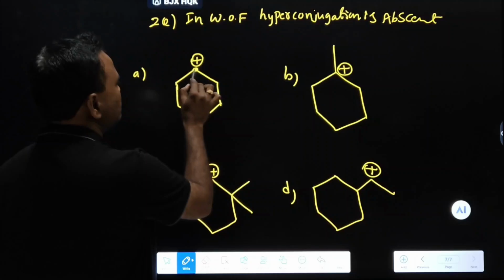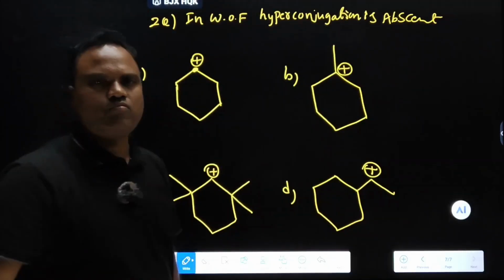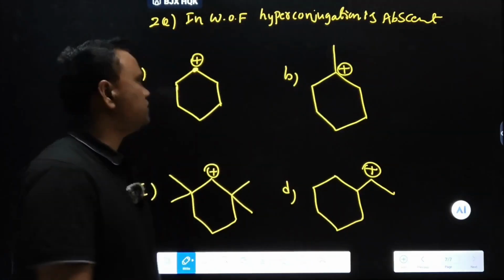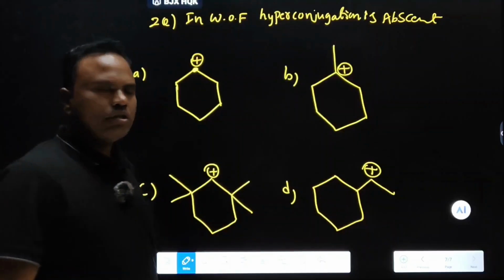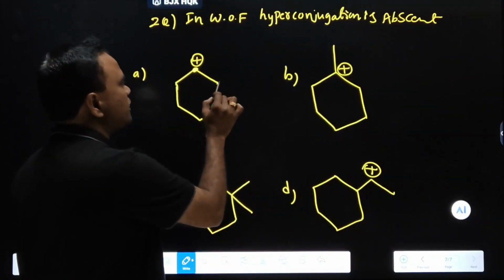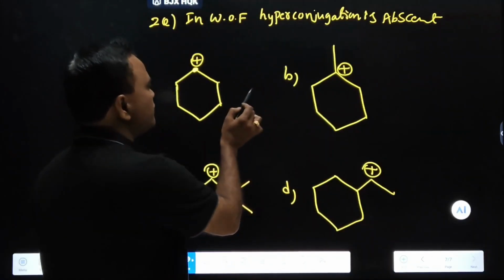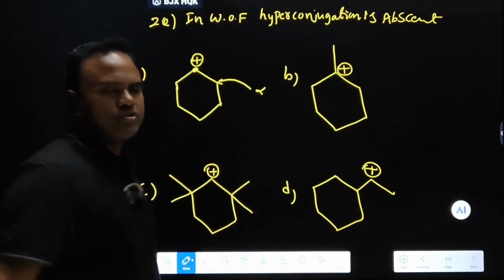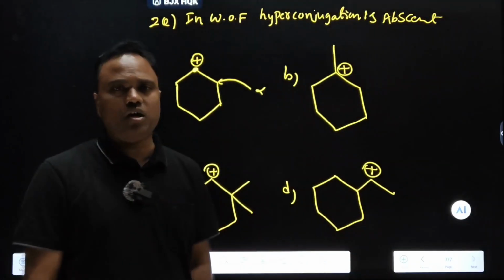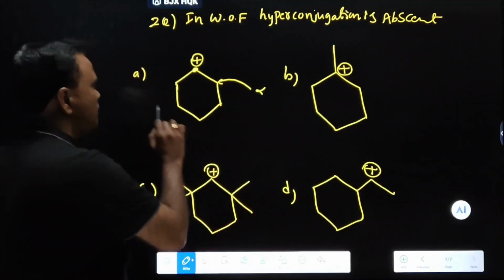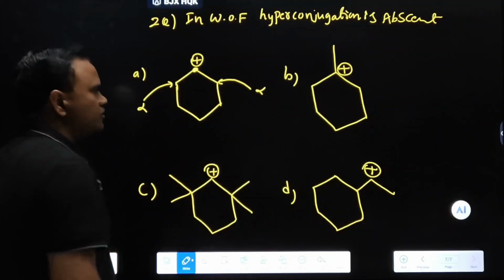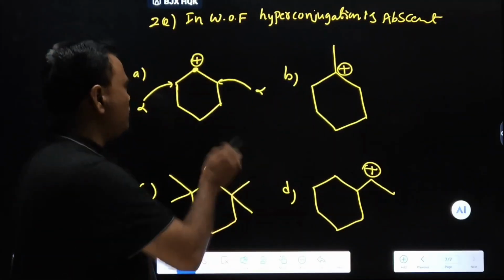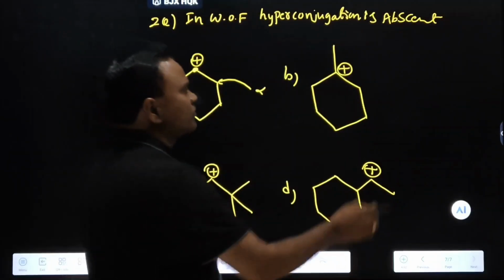See, this carbon with positive is the carbocation, this dot, okay? The carbon which is next to the carbocation is called the alpha carbon. This is the alpha carbon, alpha position. First we have to find out the alpha positions in the cyclic examples. This is also an alpha position, right? So we have 2 alpha positions here.